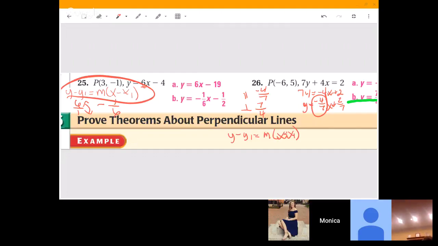Yeah, that's the tricky part of that one, is getting the y by itself, Charlotte Ann.